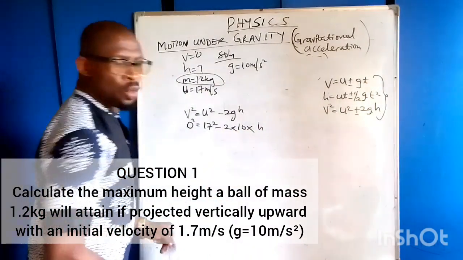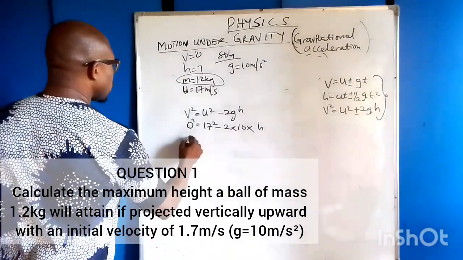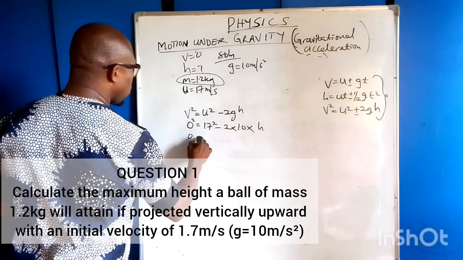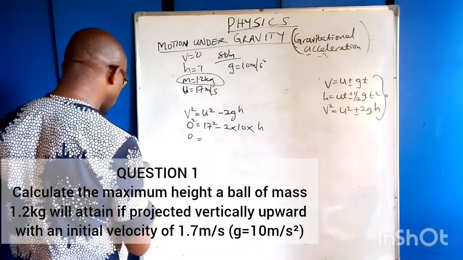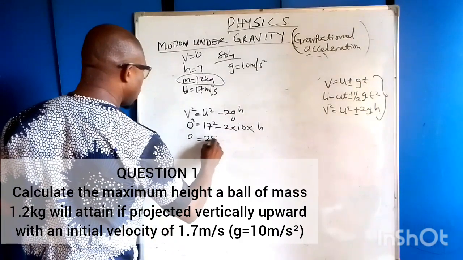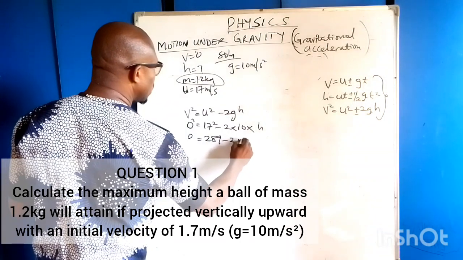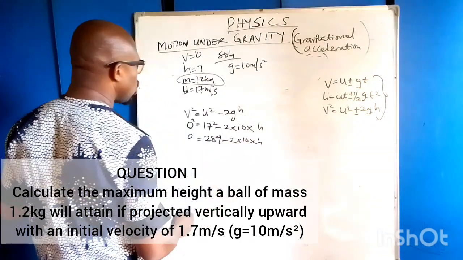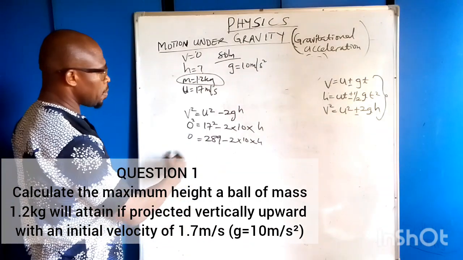Now, by calculator, we have 0 is equal to 17 squared, which will give us 289, minus 2 times 10 times h.